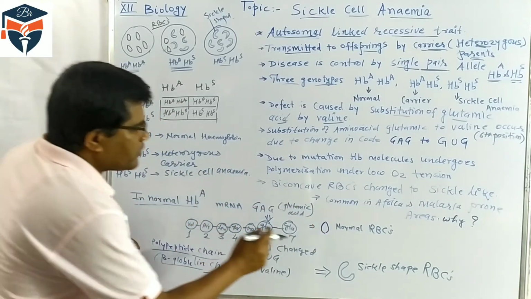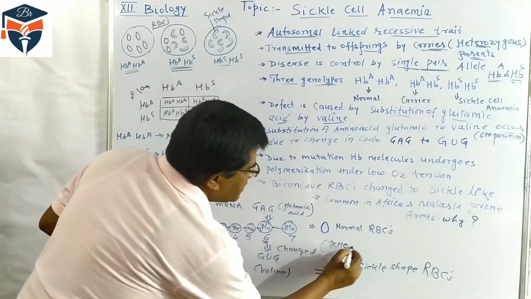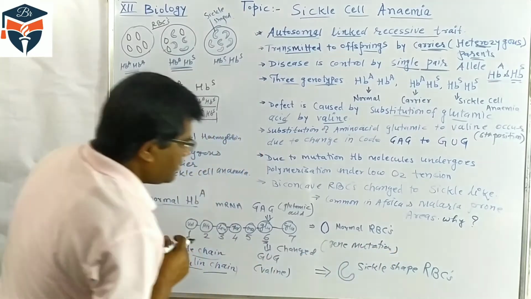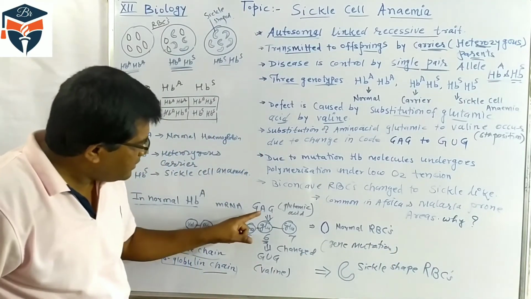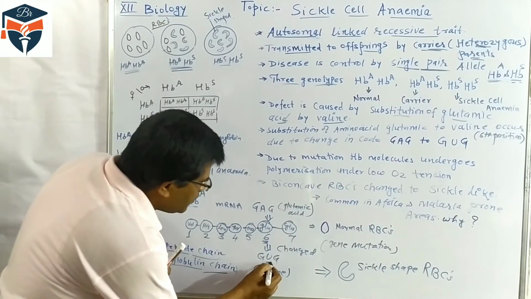Now what happened? Due to the point mutation, or we used to say single gene mutation, the A in GAG is changed, and instead of A, U comes.